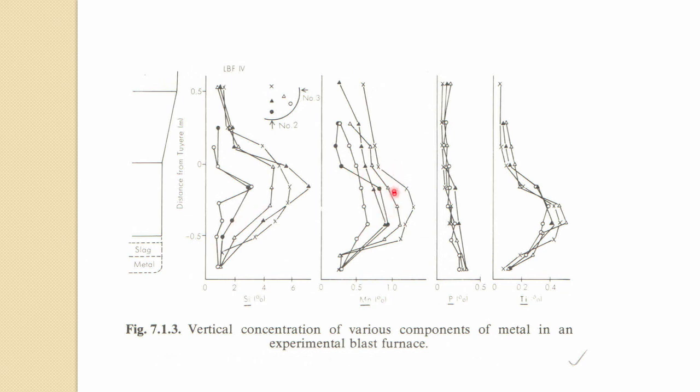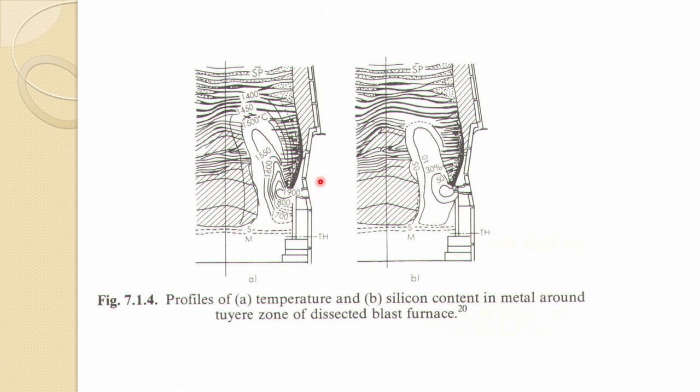Similarly, you can see even the manganese pickup at that level is high, and not that much phosphorus, but even the titanium is quite high because the temperature at this place is very high. Mostly in the other regions, they try to equilibrate according to thermodynamics, but most of the pickup is occurring in this region. In fact, this is also another evidence. It is found that the temperature near the TUR is like 1900, 2000, 1800, 1700.